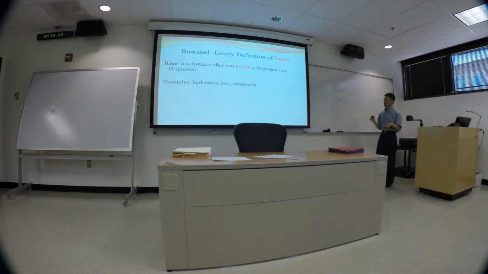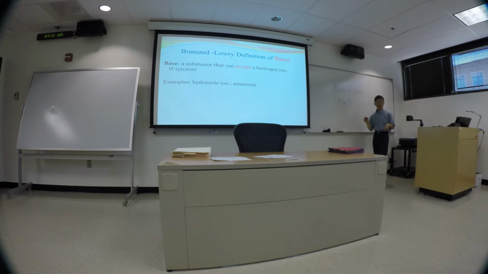Now, what is in common between these two? Well, if you draw the Lewis structure there, you have a lone pair of electrons on oxygen, an atom with high electronegativity value.